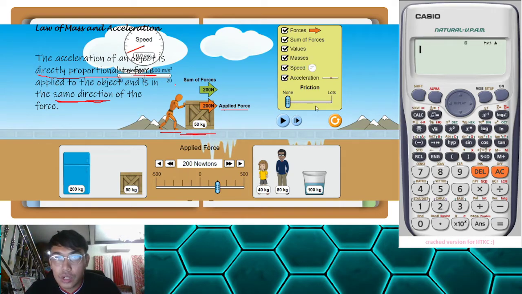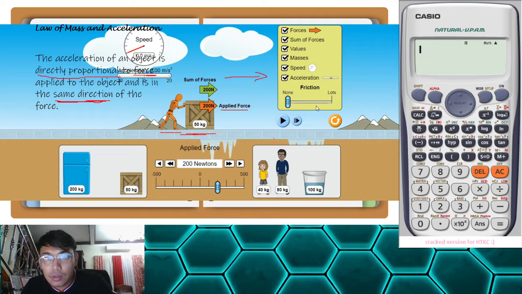All the forces applied here, the mass and the acceleration, are all going to the right. If the guy is pushing, then the applied force is in the pushing direction. This pushing direction is going to the right, then the applied force is going to the right side, and so is our acceleration.